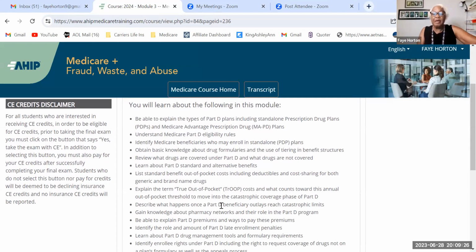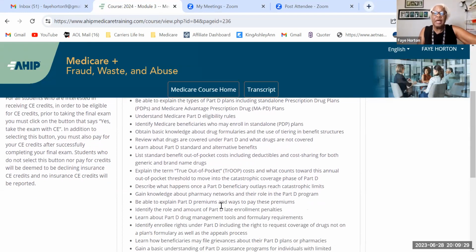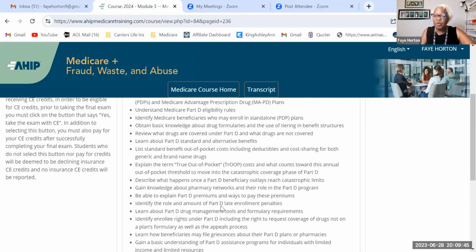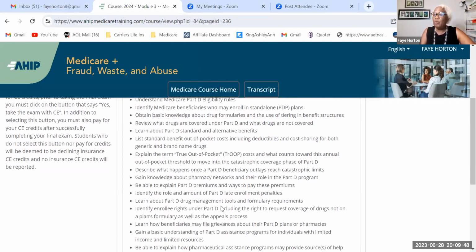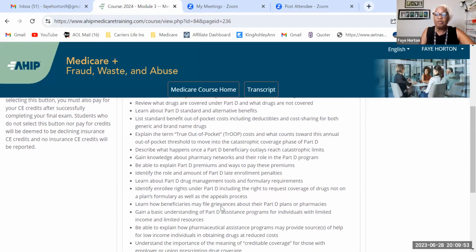You'll understand the Medicare Part D eligibility rules, identify the Medicare beneficiaries who may enroll in standalone prescription drug plans, obtain basic knowledge about drug formularies and the use of tiering in the benefit structures, review what drugs are covered under Part D and what drugs are not covered under Part D, learn about the Part D standard and alternative benefits, list standard benefit out-of-pocket costs, including deductibles and cost sharing for generics and brand name drugs.